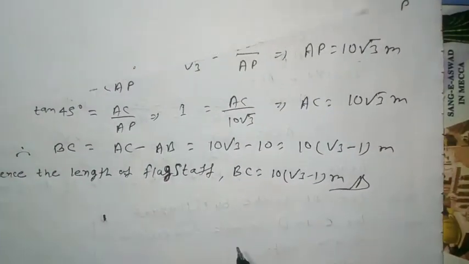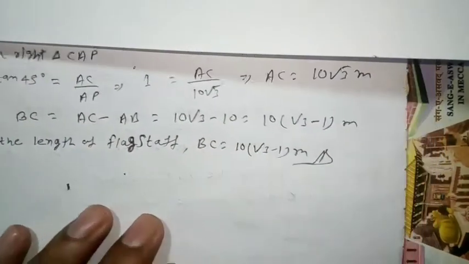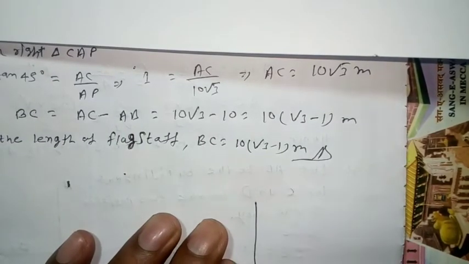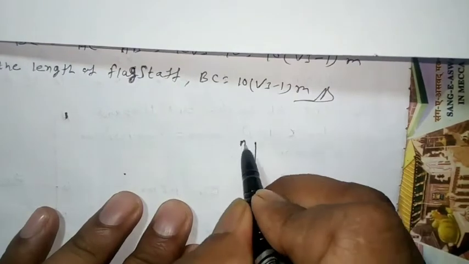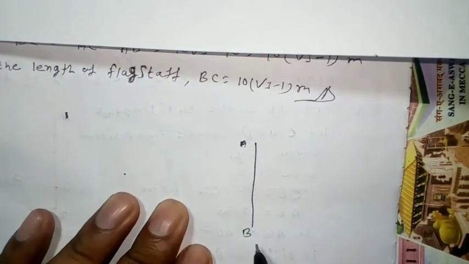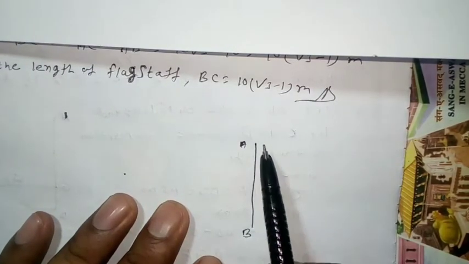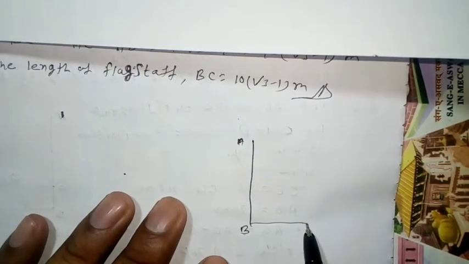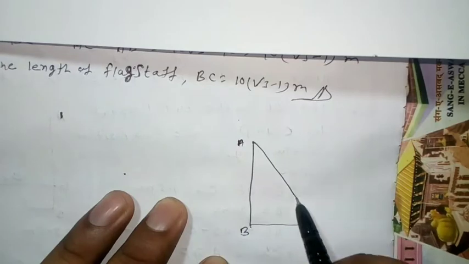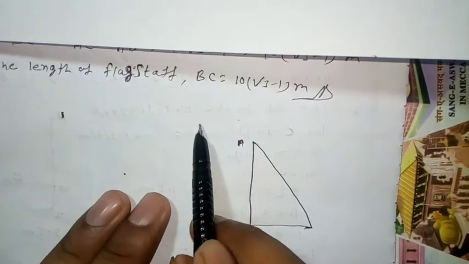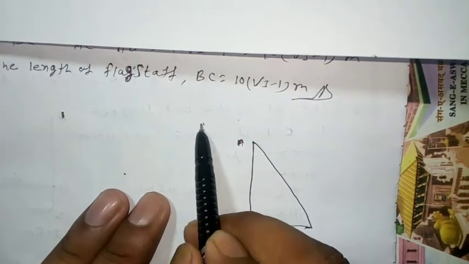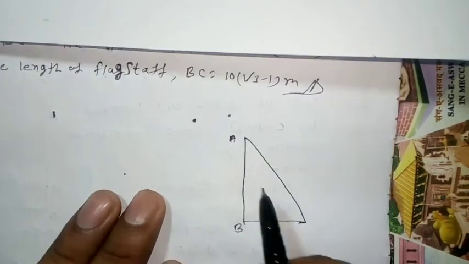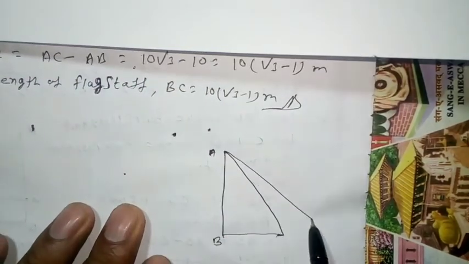Suppose AB is a tower, okay, and the sun is here, then the shadow is small. Again suppose the sun is here, farther, then the shadow is longer.